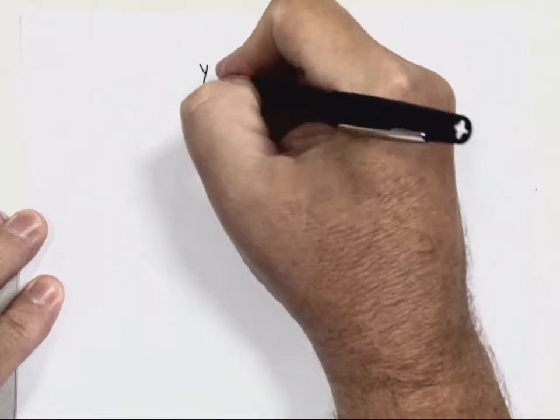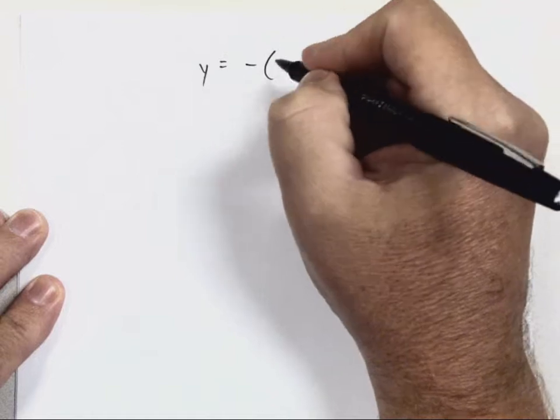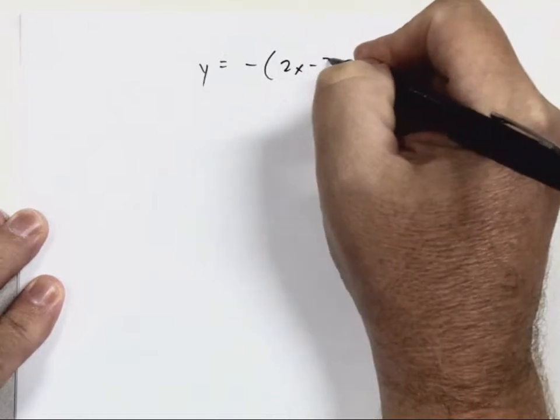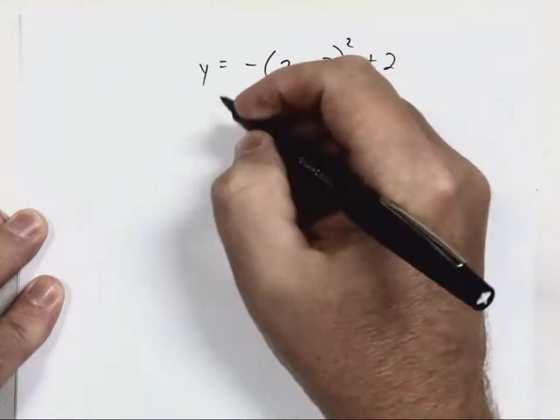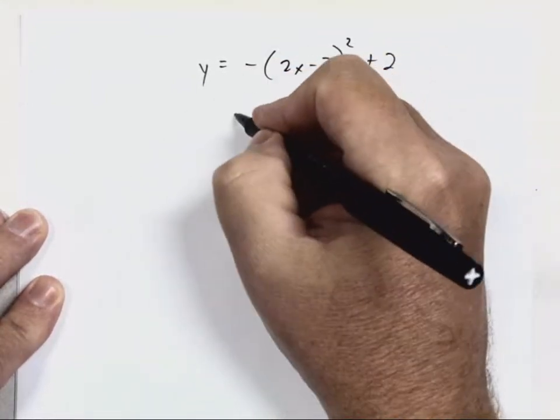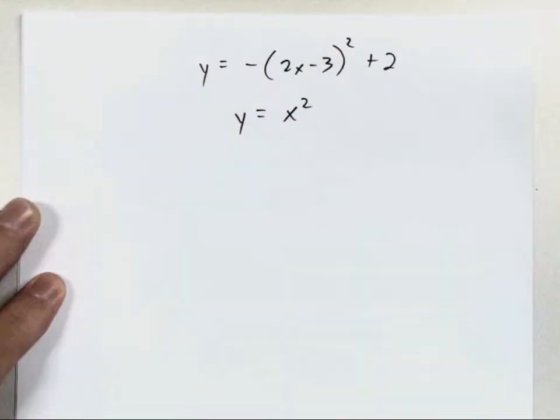So here is my final function or equation, it's going to be this. That's where I want to end up, but I'm going to start with what's called the parent function. Strip everything else out but just the x.